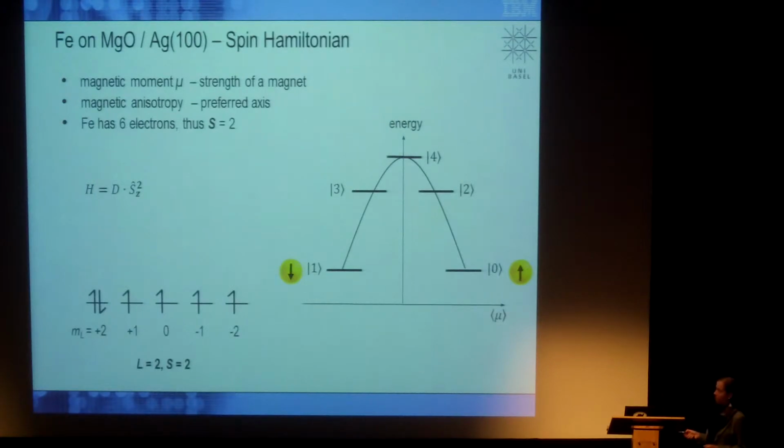You can describe it with a very simplified spin Hamiltonian of an anisotropy term and the spin operator in the out-of-plane direction. We can label the lowest energy states in our system as plus and minus 2 spin in the z direction.